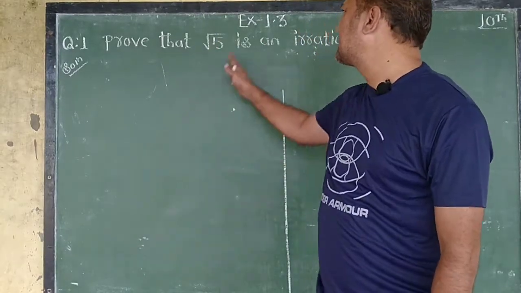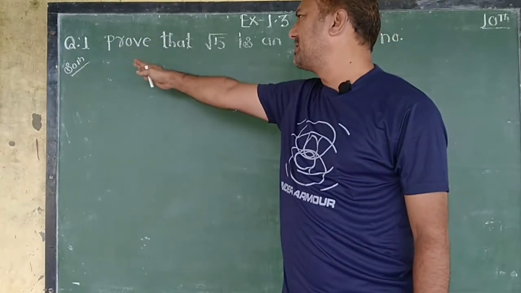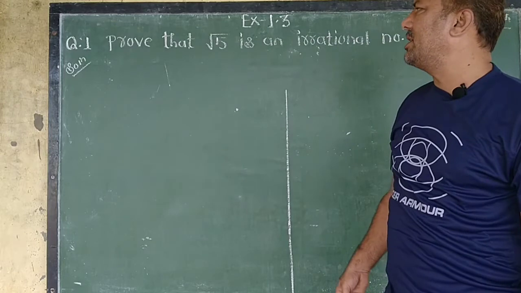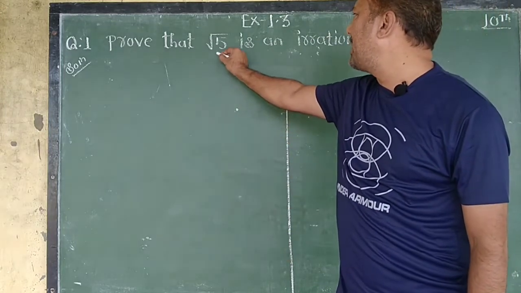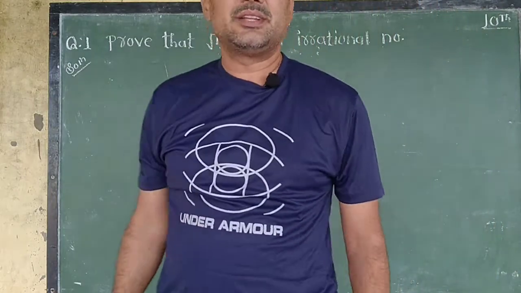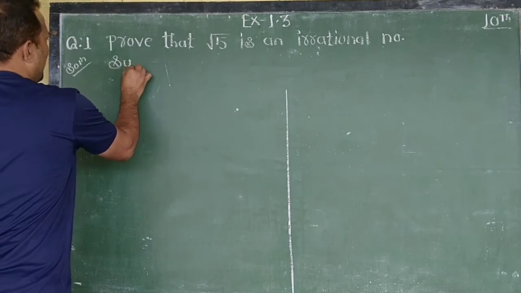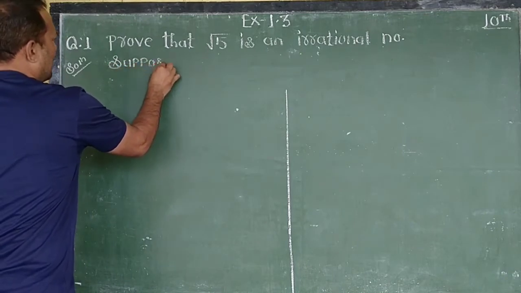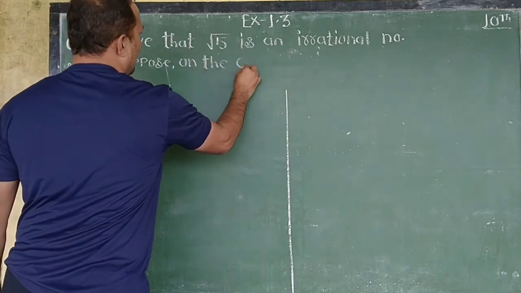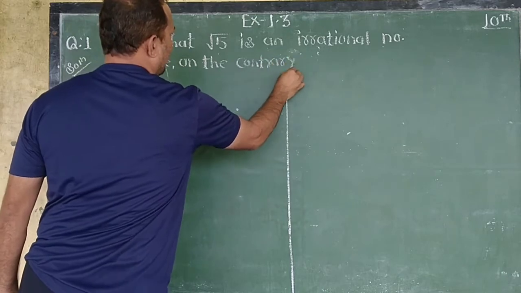Today we will start exercise 1.3, and question number 1 is: prove that root 5 is an irrational number. Means we have to prove that root 5 is an irrational number. Then what to do? At first, suppose on the contrary.